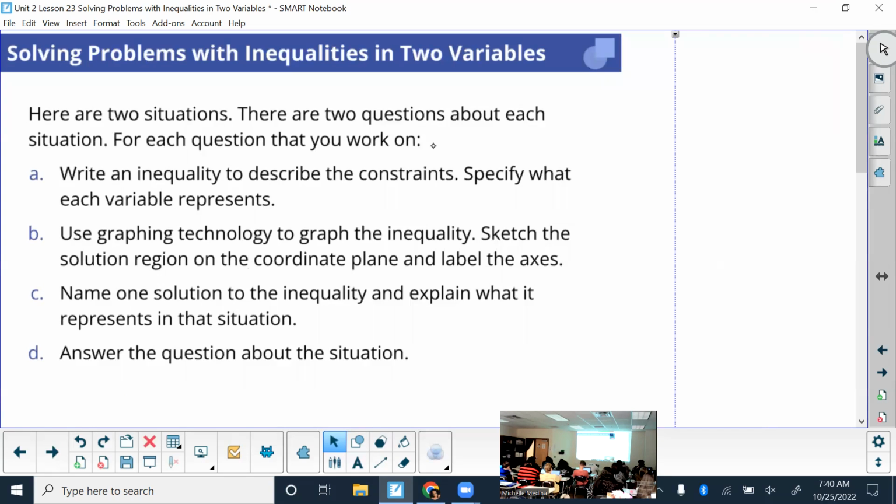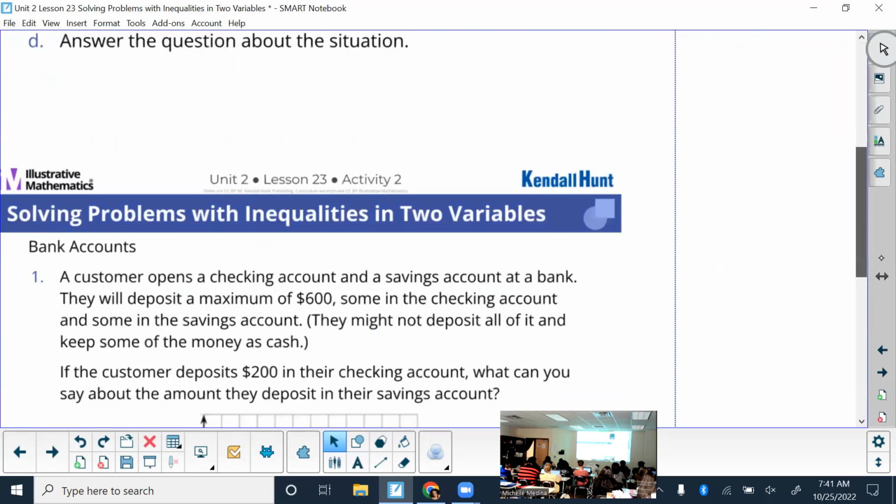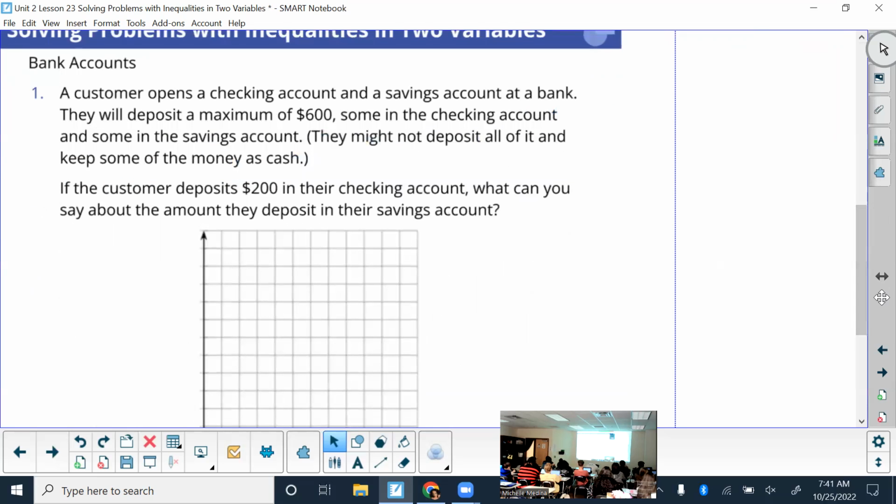Use graphing technology to graph the inequality, sketch the solution region on the coordinate plane, and label the axes. Name one solution to the inequality and explain what it represents in that situation, and then answer the question about the situation.